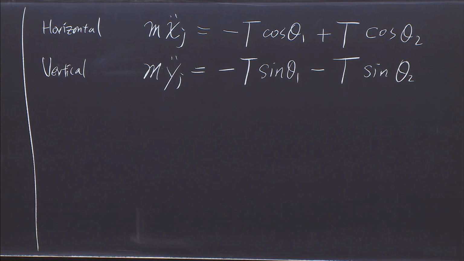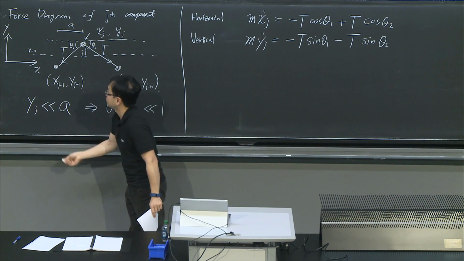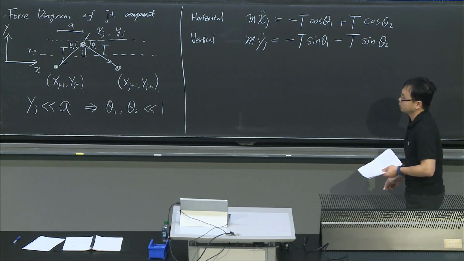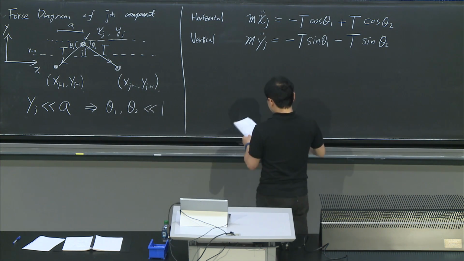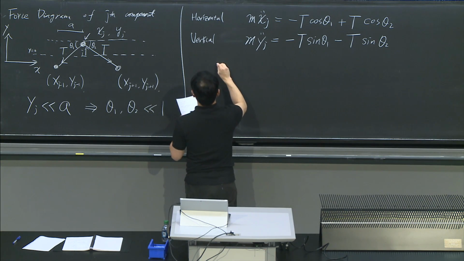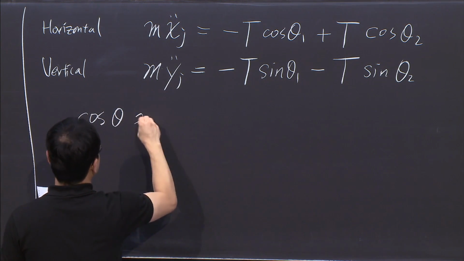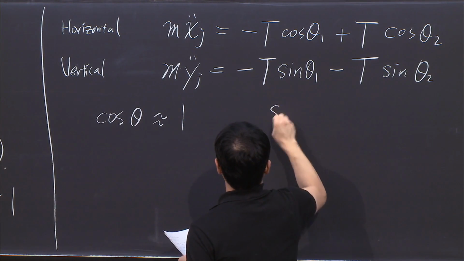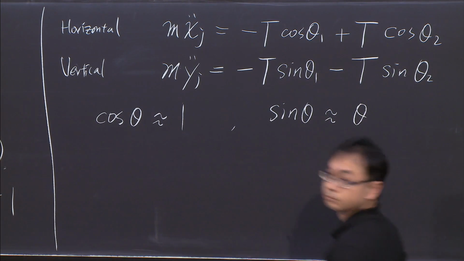Since all the masses can only move up and down, and the displacement is much, much smaller than a, I have the small angle approximation: cosine theta is roughly equal to 1, and sine theta is roughly equal to theta.